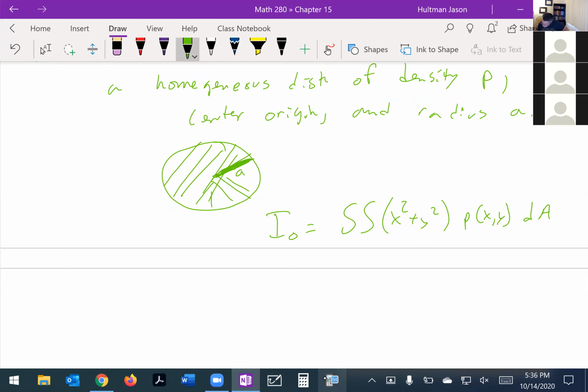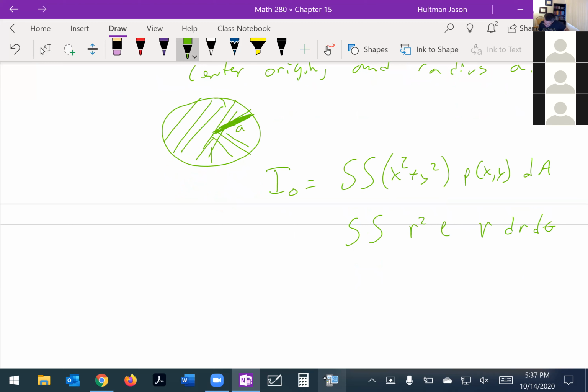If I change this to polar coordinates, because it's around a disk and lends itself to polar coordinates, this is going to be r squared times the density, which I'm just going to make rho, times r dr d theta.